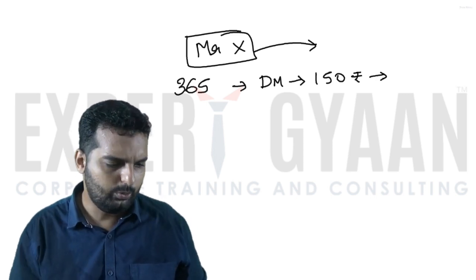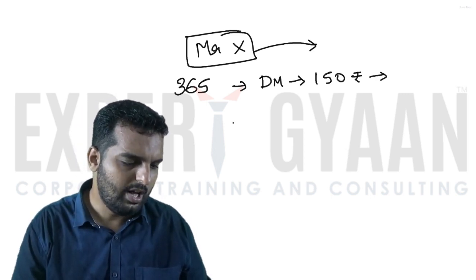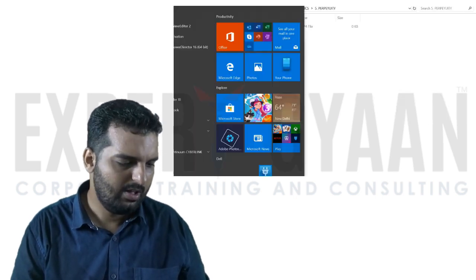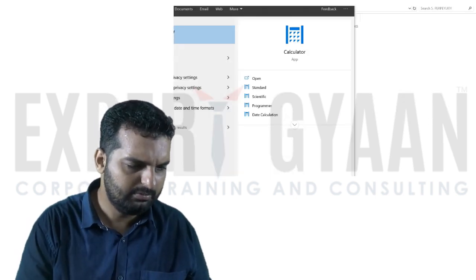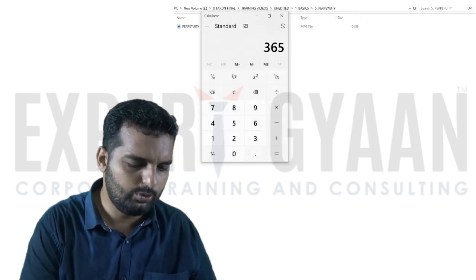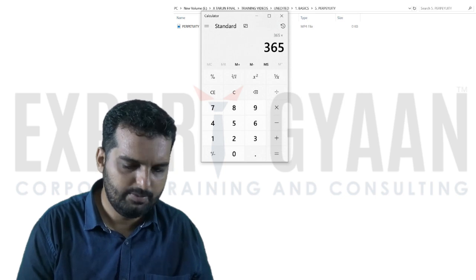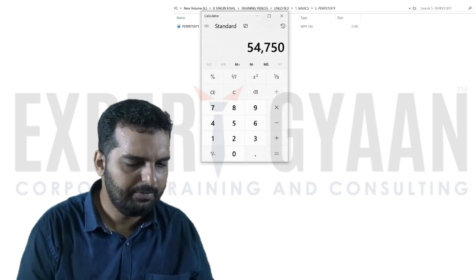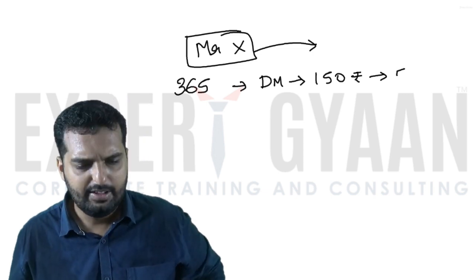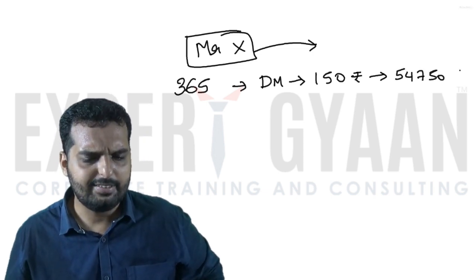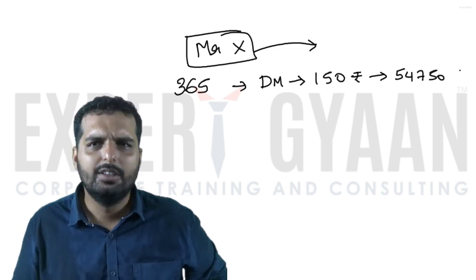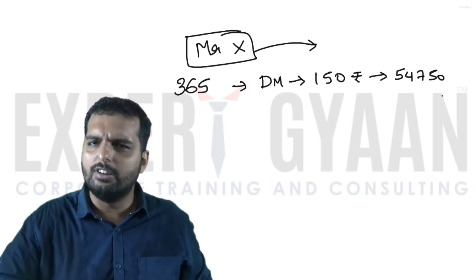So he takes his calculator and does 365 days into 150. He gets the answer as 54,570. Plus she was asking for some Milky Bar, some 5-star, some Snickers, etc.